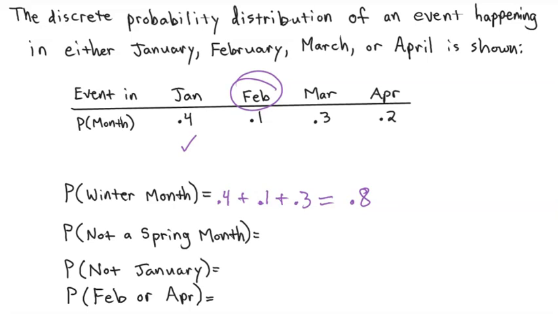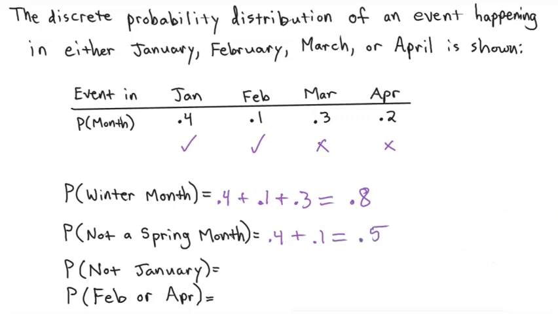Well, it is not a spring month. It's all winter. February is completely winter, and therefore February does not include spring. Does March contain spring? It does. Part of March is spring, so we're going to leave that one out. Does April contain spring? It sure does. So we're going to leave April out as well. So we're only going to include January and February. And so the probability of January is 0.4, probability of February is 0.1, and therefore the total probability is 0.5.